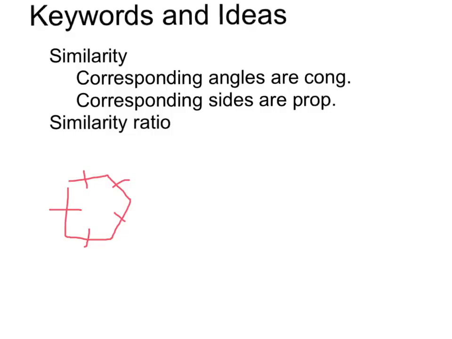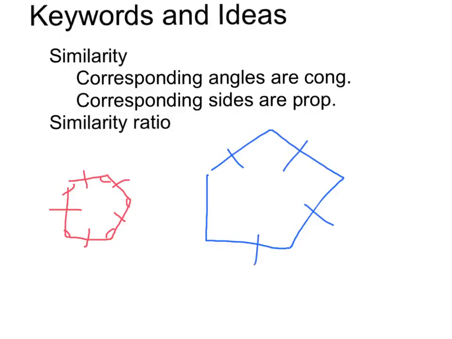So my regular pentagon is similar to my other regular pentagon. But it needs to have a similarity ratio of 1 to 2. So this is 6, this is 12, this is 6, this is 12, this is 6, this is 12. So that has a similarity ratio of 1 to 2.